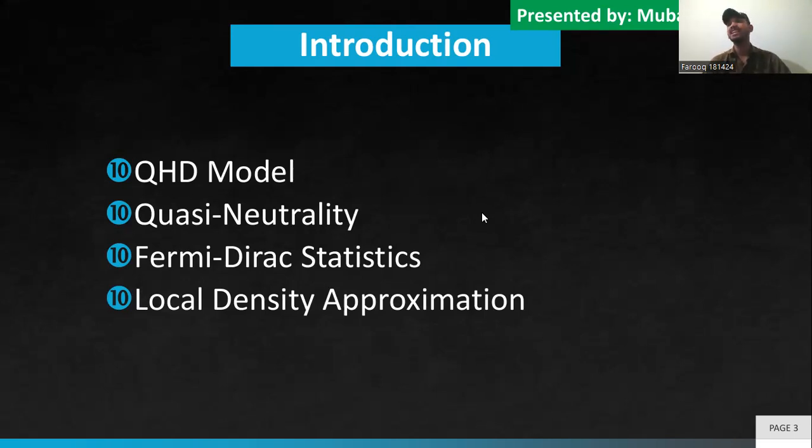But when we are dealing with the quantum hydrodynamics model, we can't use that simple classical Newton's second law. We add the quantum corrections to it, and then we get another formula that is called the quantum hydrodynamics formula. What is meant by hydrodynamics?